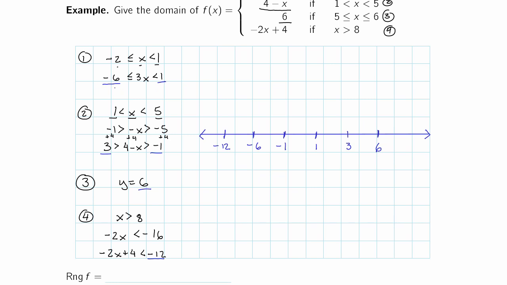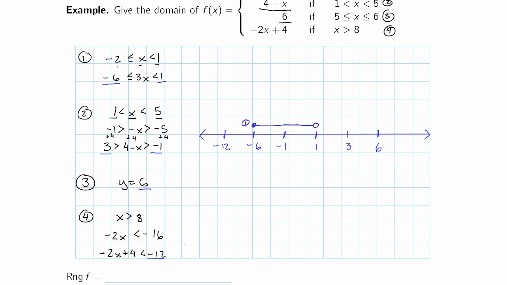Now I'm going to go through my intervals and mark what I have. My first interval, I have all the numbers between -6 and 1. The first piece of my graph is going to hit all of the y values between -6 and 1, including -6 but not including 1. So I'm going to have a filled in dot at -6, an empty dot at 1, and all the points in between.